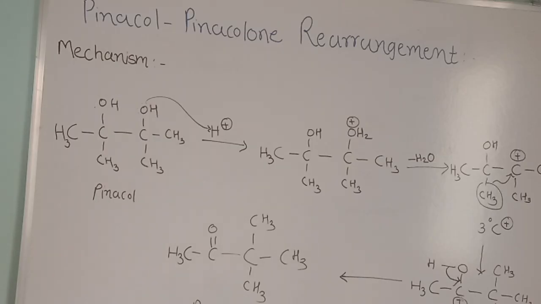Always remember, the hydroxy group that is converted into a good leaving group is at the carbon that forms the stable carbocation. In unsymmetrical diols, which hydroxy group gets protonated is a question that will be asked.